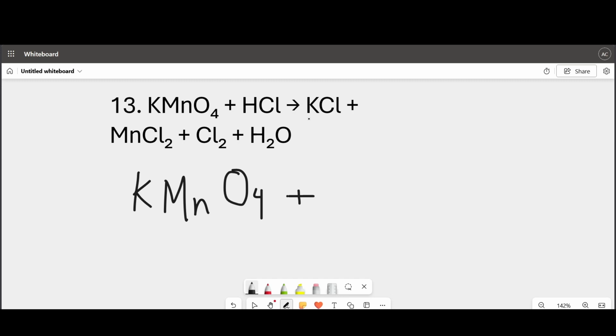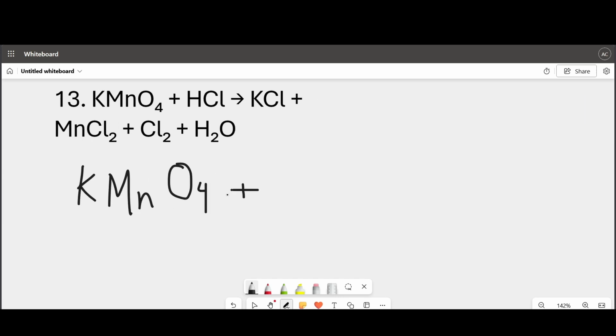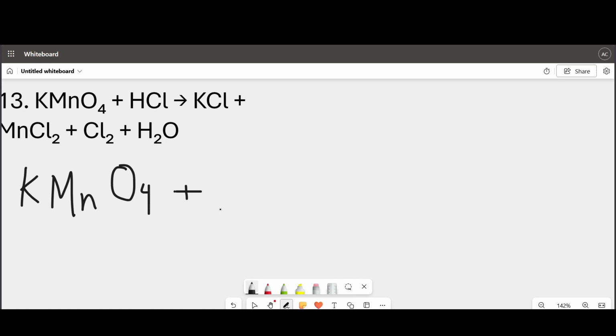Oh, actually, I believe it's already balanced. Oxygen. Okay, let's try to balance oxygen first. Okay. I'll just leave spaces for potential coefficients, but there's no coefficient. We could just remove that. Okay.